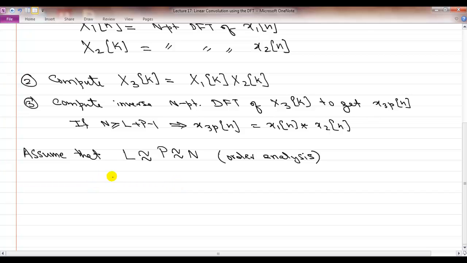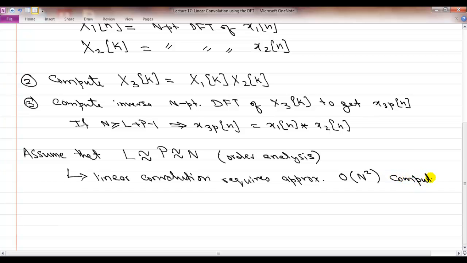Okay. So if you use the summation formula of linear convolution, then linear convolution has a complexity of order N squared. Linear convolution requires approximately order N squared computations.